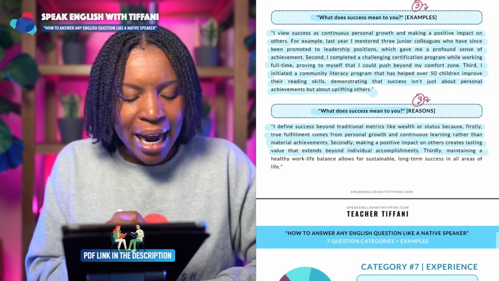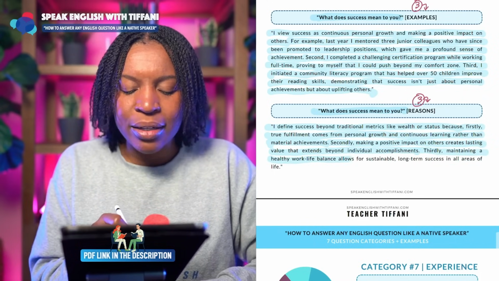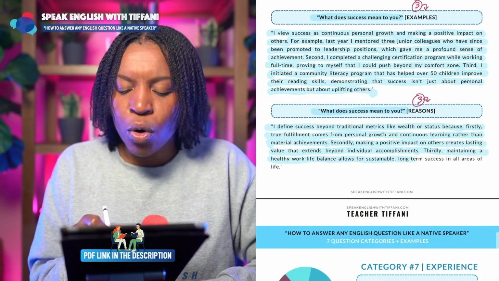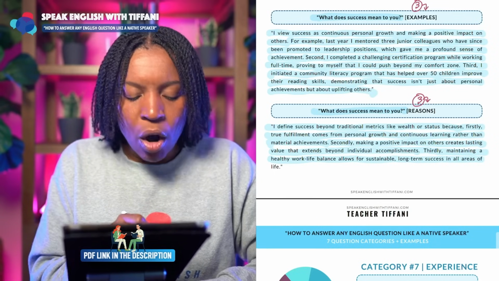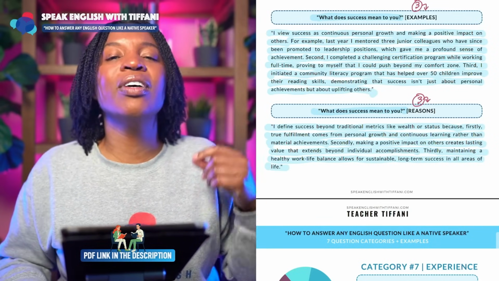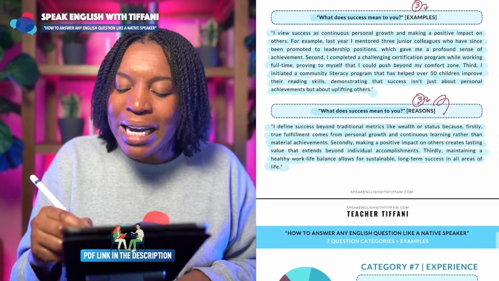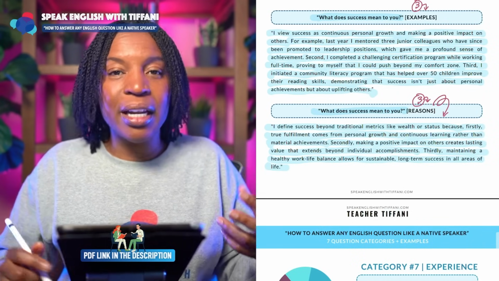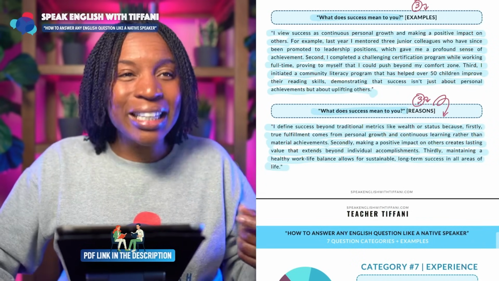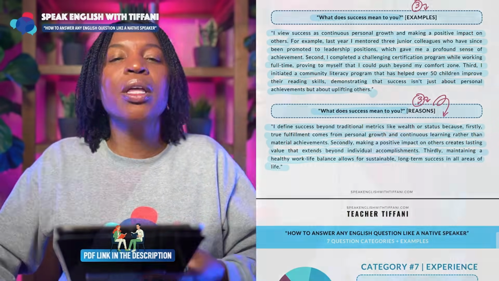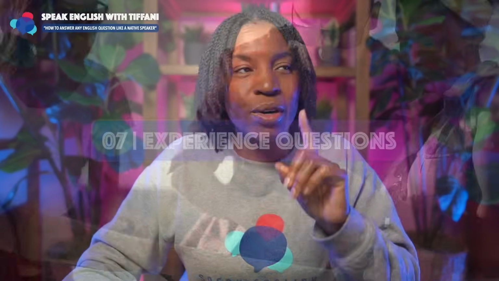Thirdly, maintaining a healthy work-life balance allows for sustainable long-term success in all areas of life. Once again, we see that 3 reasons were given in order to speak English fluently and confidently, answering the question in this category. What about category number 7?